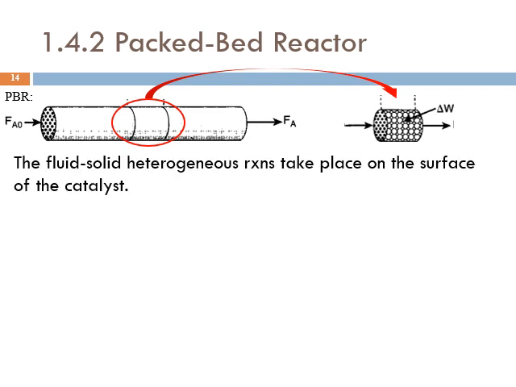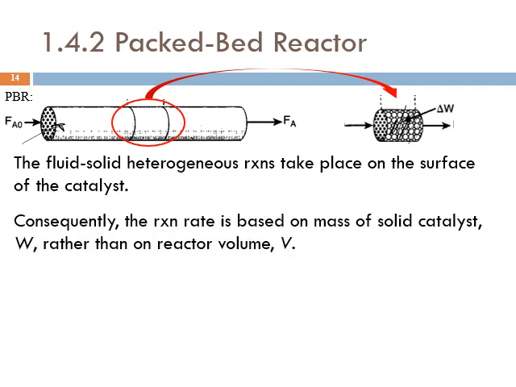The fluid-solid heterogeneous reaction. So there is a heterogeneous reaction occurring between the fluid, whether it is a gas or liquid entering the reactor, and the solid here. This is the solid, right? This is the catalyst. This reaction takes place on the surface of the catalyst.